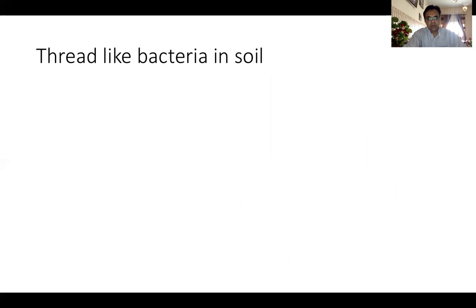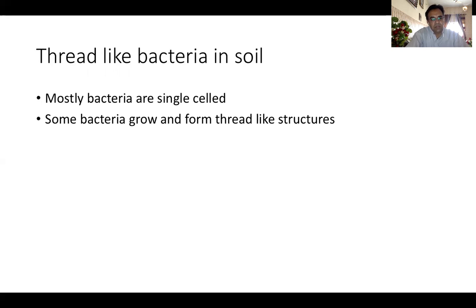Now, there is another important group that I have separated to discuss here while I'm talking about prokaryotes in soil. We should discuss specifically thread-like bacteria in soil, which are just like fungus, but they are not fungus basically. They are bacteria, they are single-celled, but they make thread-like colonies. When they divide, the cells remain attached.